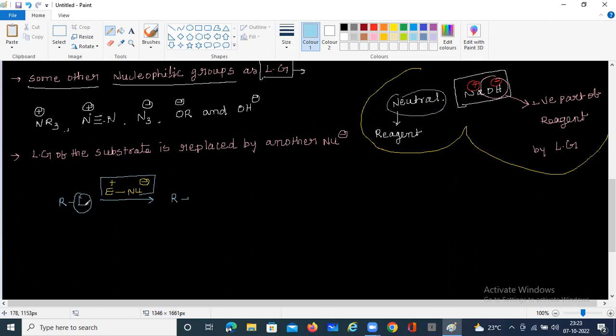Then the leaving group is replaced by the negative part of the reagent, so we write R-Nu. The remaining is the leaving group L, and then the negative part comes, L minus. Okay, one more example, one more type. I think you followed this one, you understood this one. Okay.